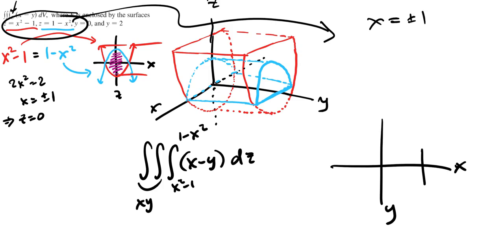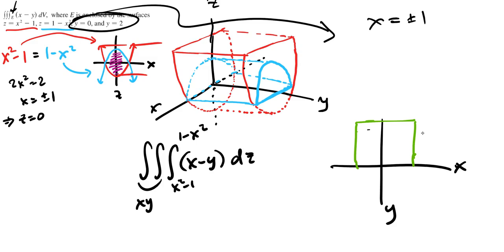So it's going between 1 and negative 1. y goes from 0 to 2. So the figure in the xy plane is this, 1 to negative 1 and 0 to 2. So it's just this right here. So x is going from negative 1 to 1 and y is going from 0 to 2. So that's what we put right here.